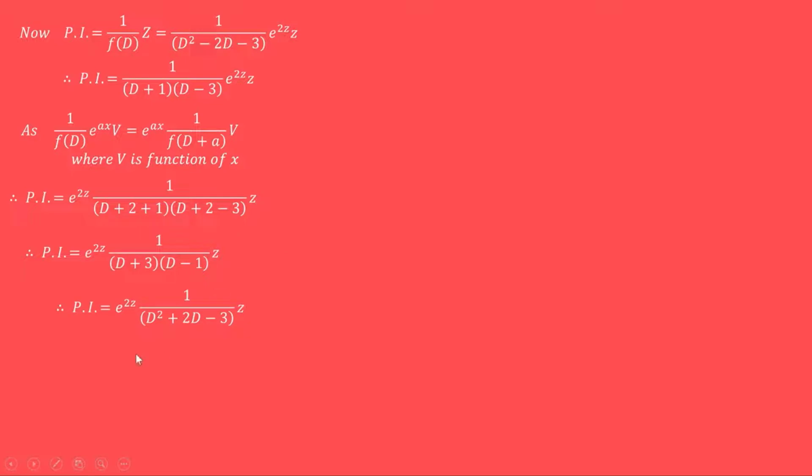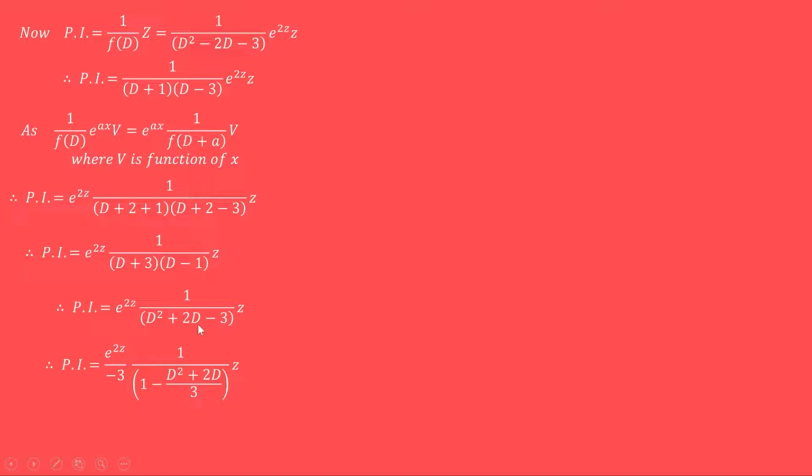Take out this product, and so we get pi is equal to e raised to 2z, 1 upon (D square plus 2D minus 3) into z. Now take out minus 3 as a common here, and so this is equal to e raised to 2z upon minus 3, 1 upon (1 minus (D square plus 2D) upon 3) into z.